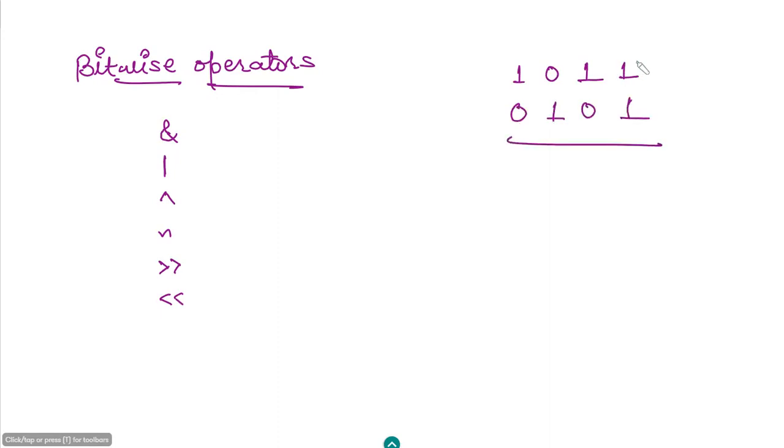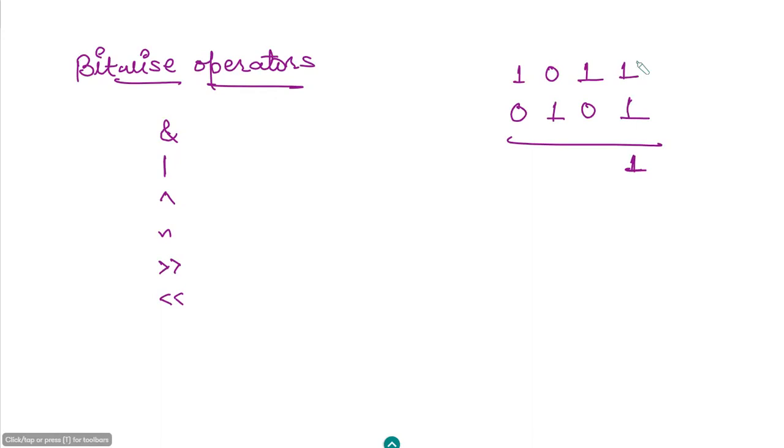Then the AND operator will copy the bit to the result when the bit is present in both operands. Suppose in the first operand the bit is present, and in the second operand the bit is also present, then this operator will copy the bit into the result. So that will be 1, right?